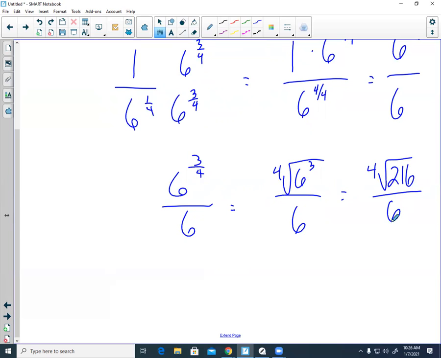Yeah. So I just had a thought. So 3/4 of 6 is like 0.75 times 6, so 4.5 would be the same thing. Not necessarily, because you're thinking of this as multiplication, not as an exponent.